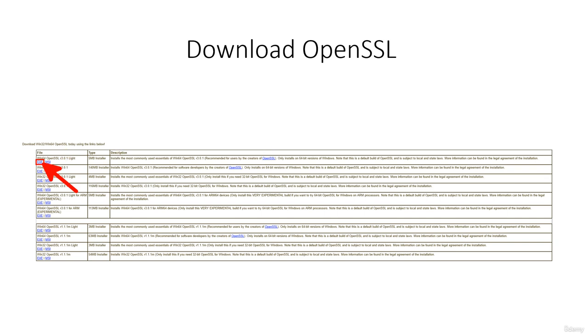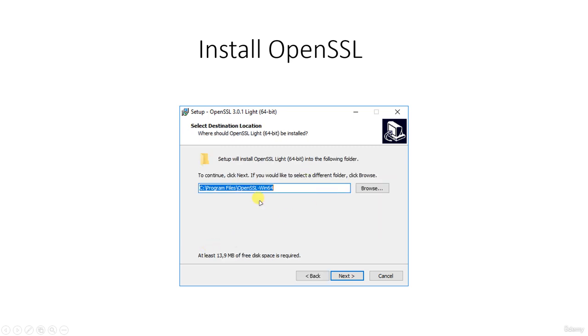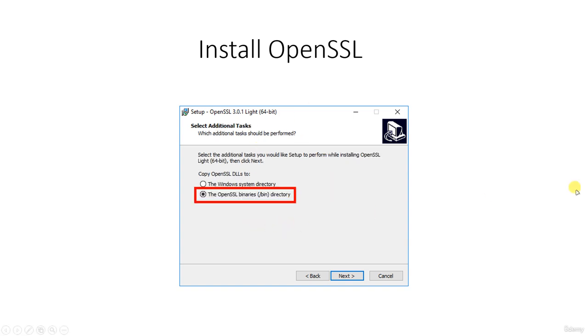and after the download is complete, just simply open the executable file, and it will ask you some basic installation steps. As you can see, just tick I accept the agreement. Then next, select the default directory. Do not change this directory, make sure you select the default directory, then click next. Then name it OpenSSL, click next, and make sure you select this.